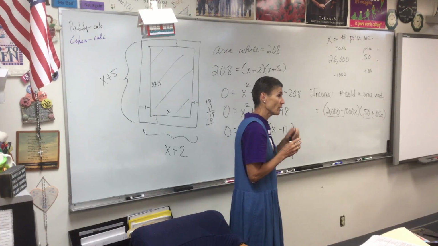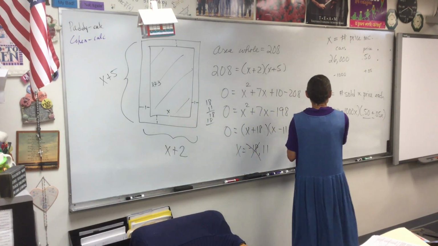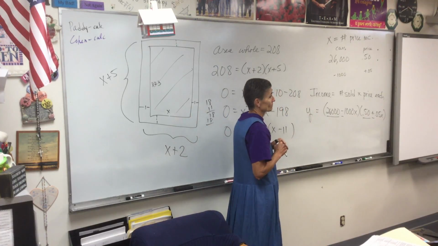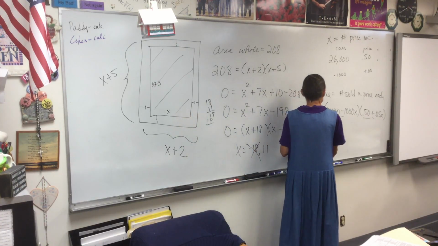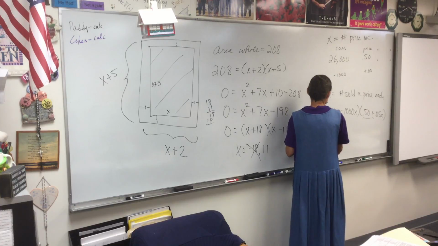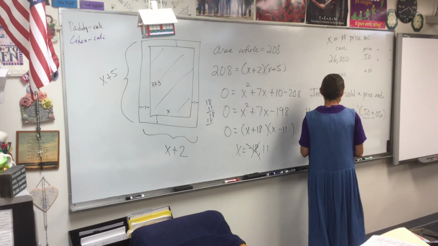All right? So here's what I want you to do. I want you to multiply that out. I want you to FOIL it out. So that'll be 13,000. You can do it. Use your calculator if you need to.